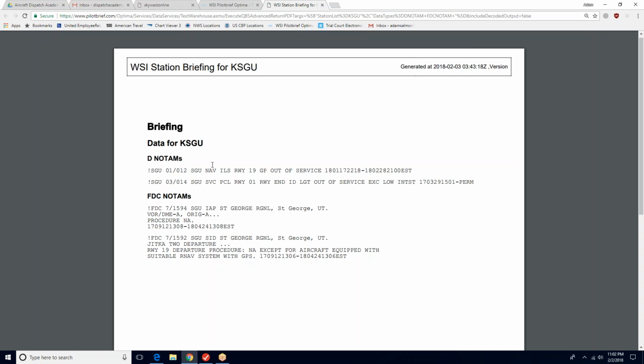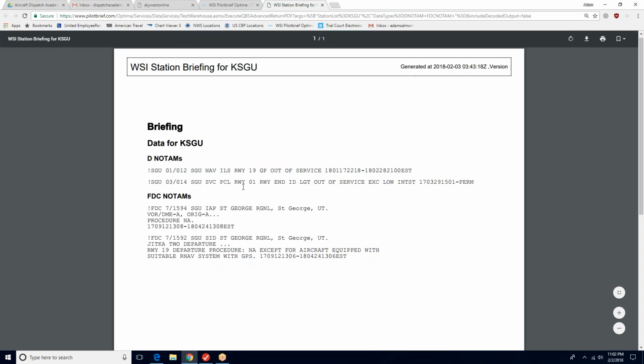So PCL stands for Pilot Controlled Lighting for runway 1 is out of service. So the runway end identifier lights are out of service. And it's saying except for low intensity.